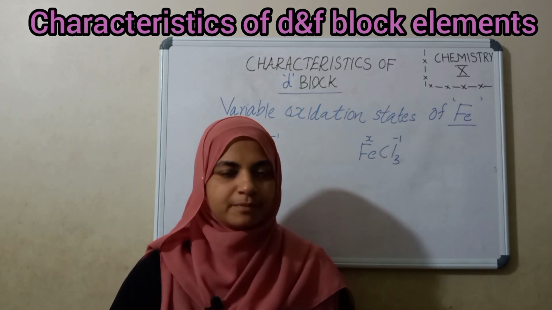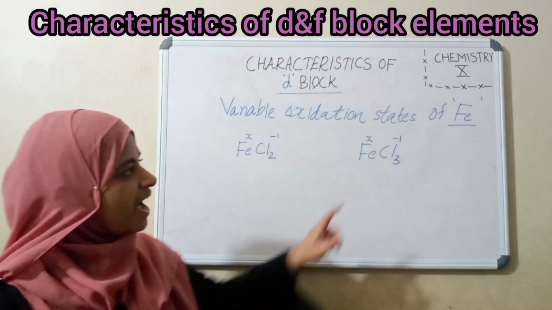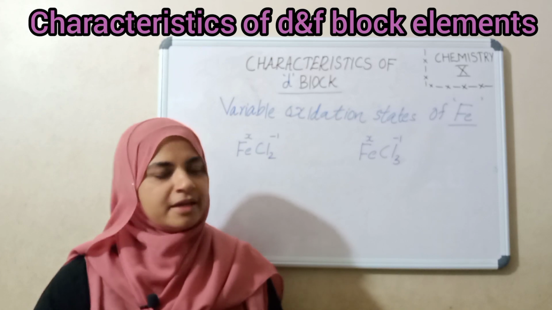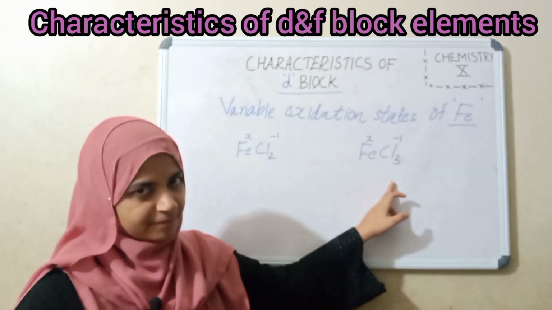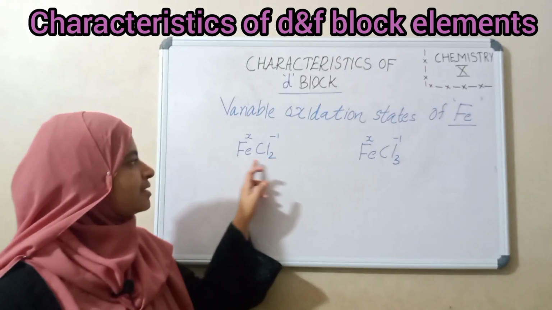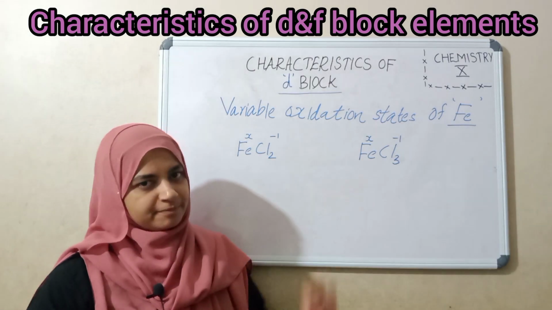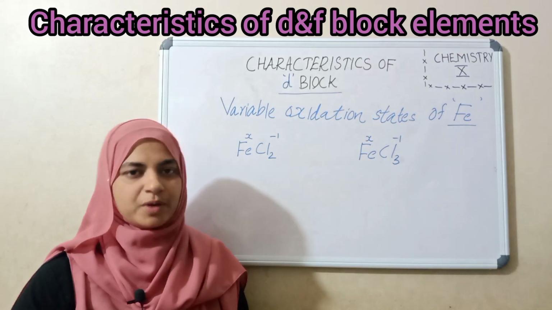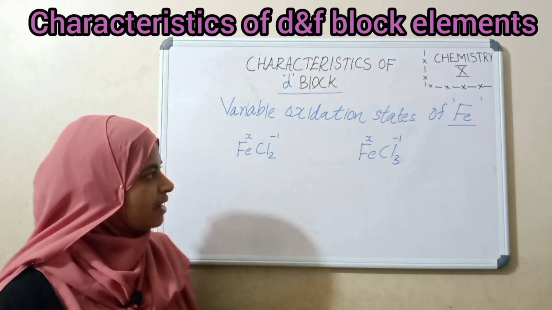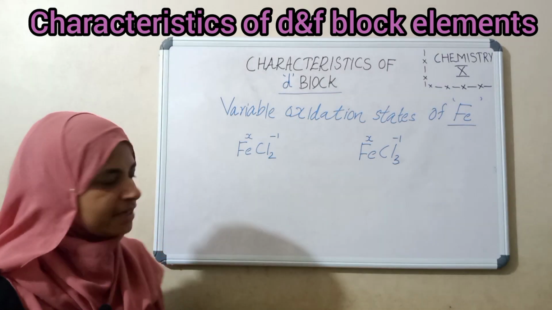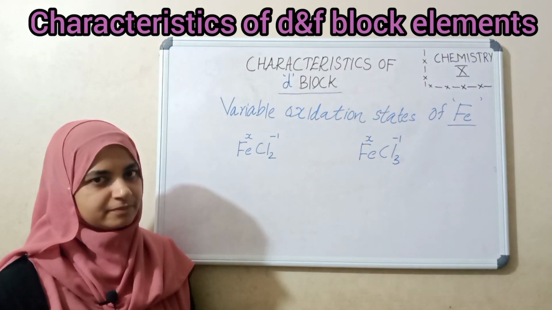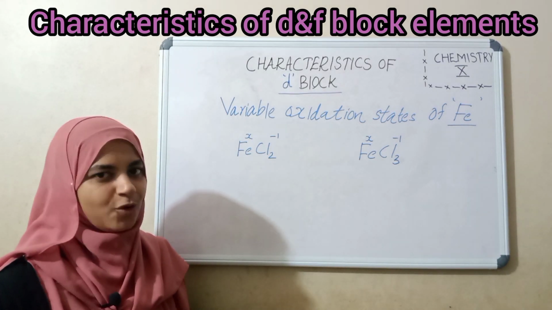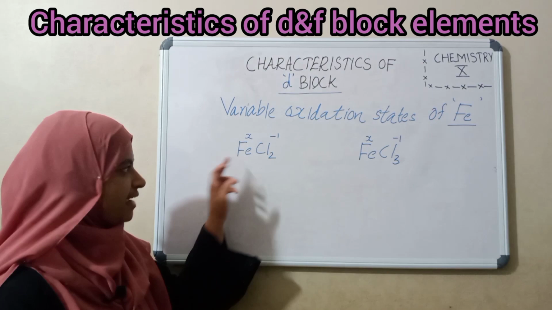For example, we know Fe, that is iron, is a D block element. Here two examples are given: ferrous chloride and ferric chloride. Each compound contains iron and chlorine. In the case of the first compound, ferrous chloride, we want to find the oxidation number or oxidation state of iron.